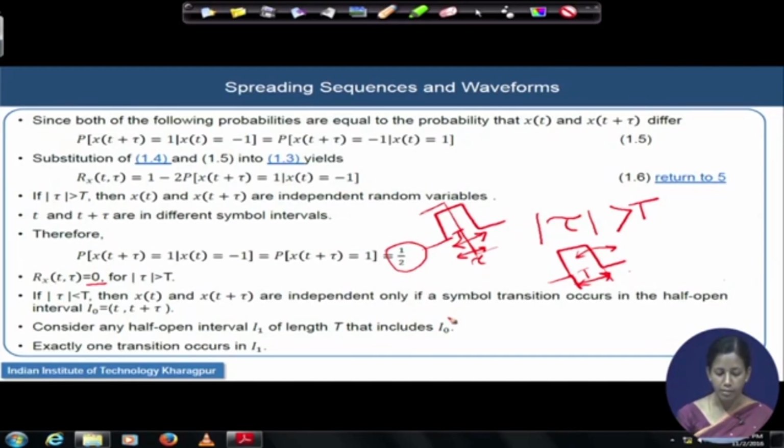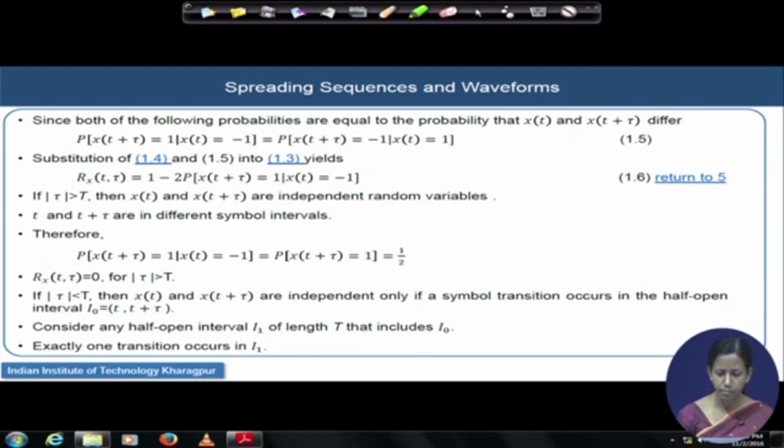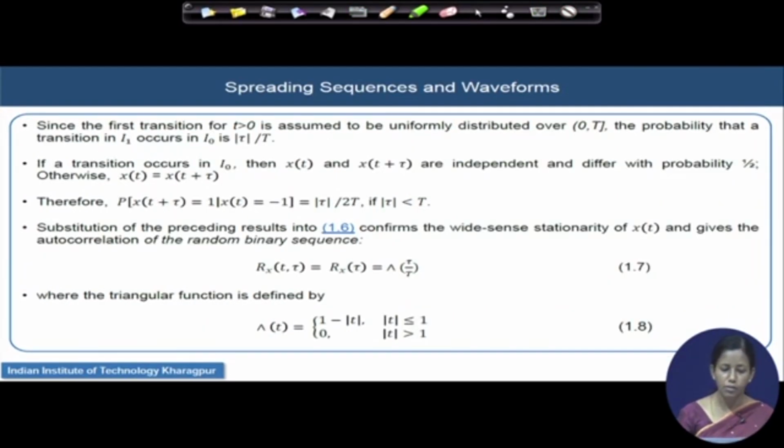Let us think of a situation where the symbol transition occurs in the half open interval I_0, given by t to t+τ, and we consider another half open interval I_1 which includes I_0 and has a length of T, and suppose exactly one transition occurs within I_1.